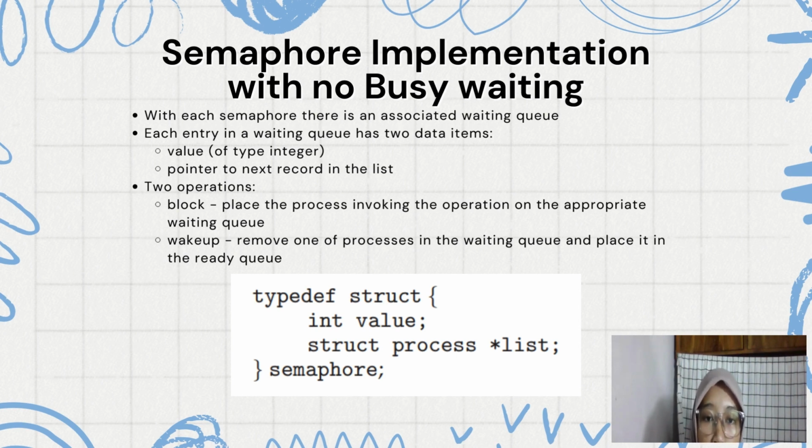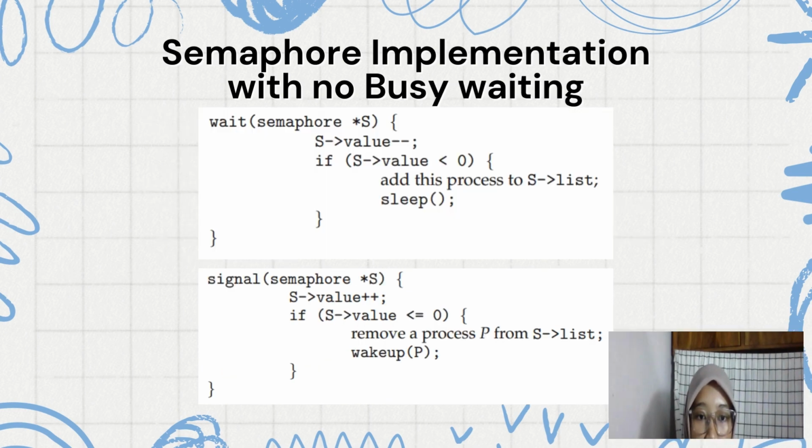Wakeup means remove one of the processes in the waiting queue and place it in the ready queue. So this is the source code of the semaphore implementation with no busy waiting. There are the wait and signal code.